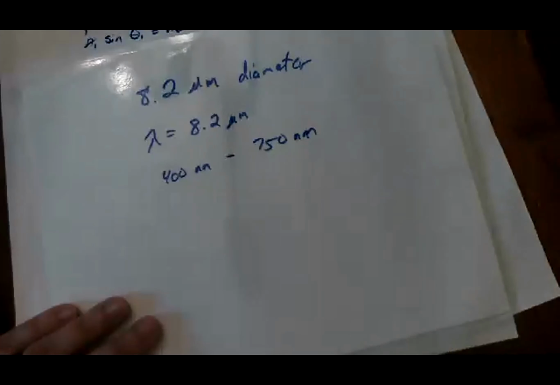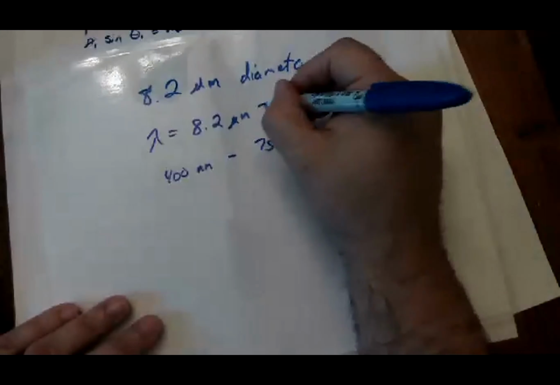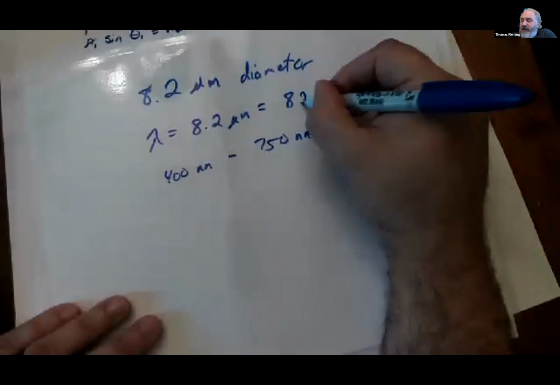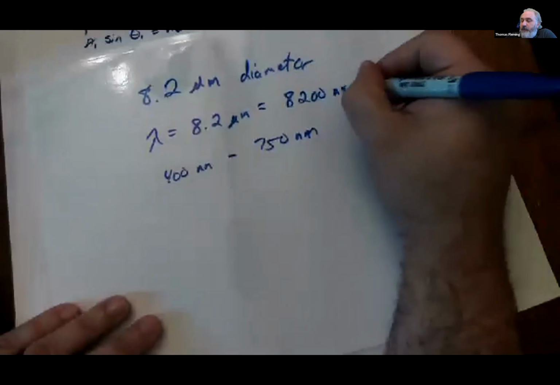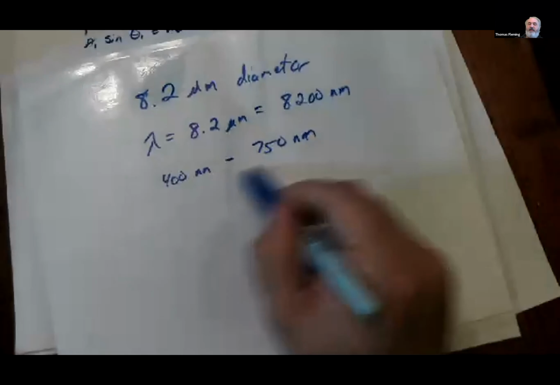Well, how many nanometers are there in a micrometer? Positive 3. Yeah, 8200 nanometers. So the wavelength of my light is longer than anything in the visible range.